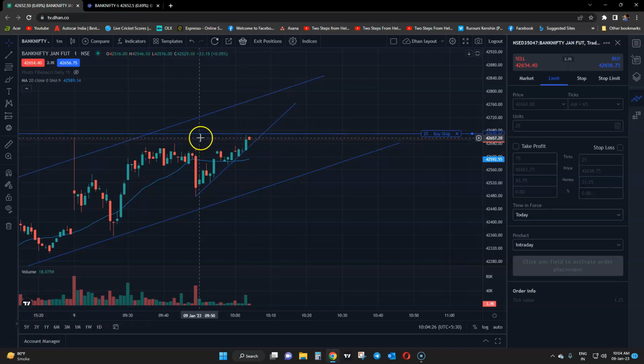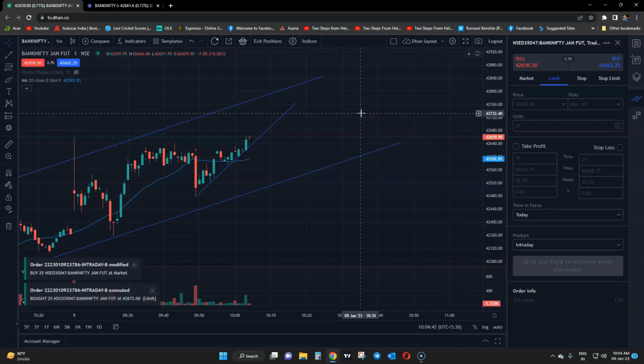What they did now is they went one tick above, trapped those bulls who had a stop order here, and I don't think stop losses here were triggered, and now we're in the trade, and this time we're going to stay.